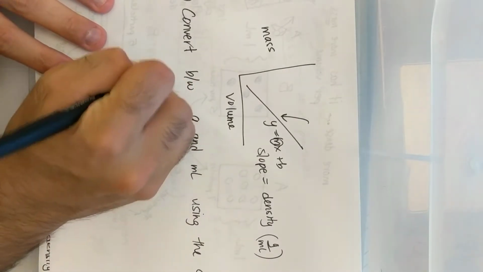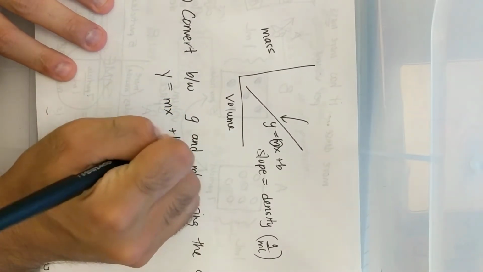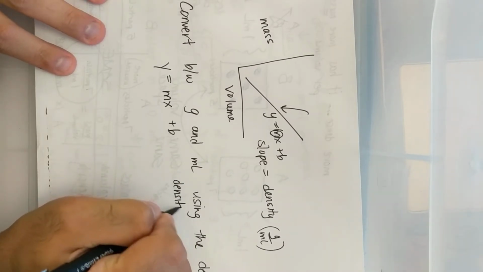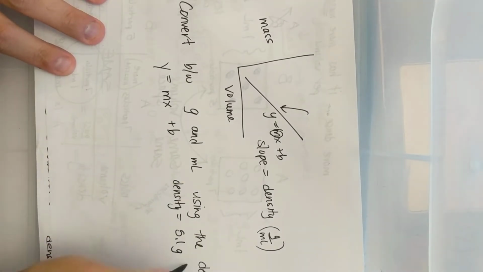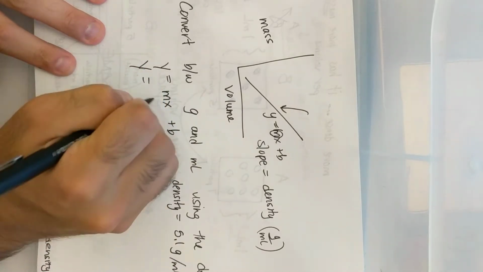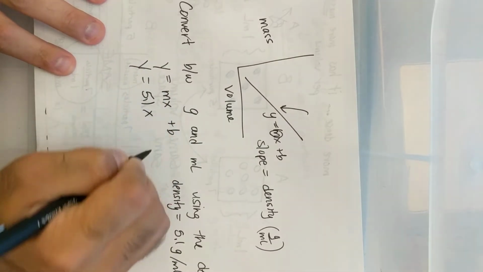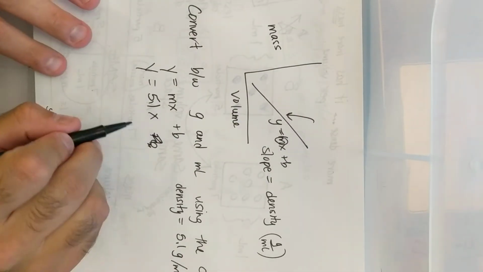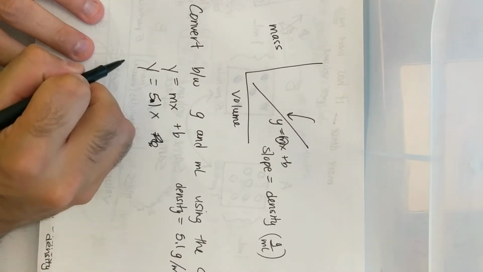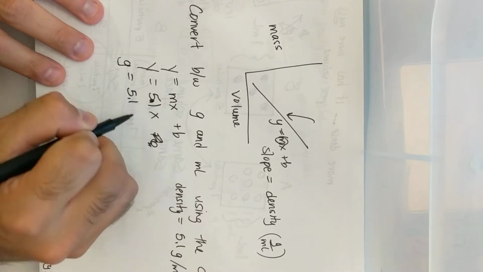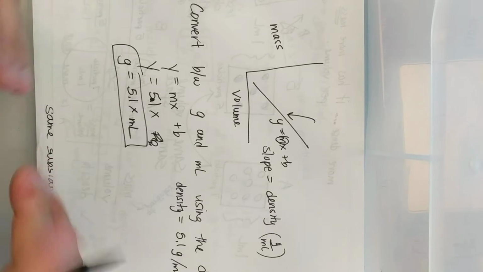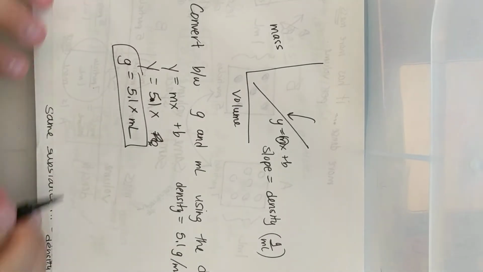So if I know y equals mx plus b, and I figured out that my density is equal to 5.1 grams per milliliter, if I have y equals 5.1x plus b, and b actually doesn't even exist, if it's y equals 5.1x, that means grams is equal to 5.1 times milliliters. And I could use this to interchange between grams and milliliters.